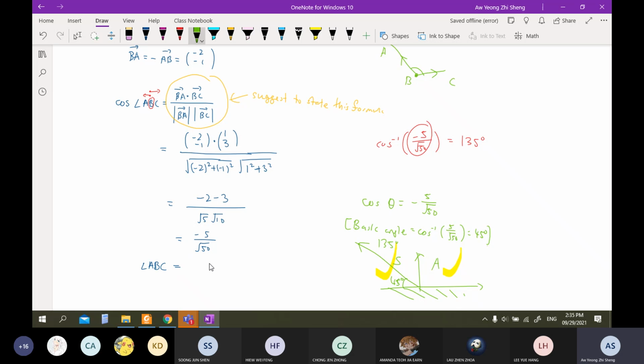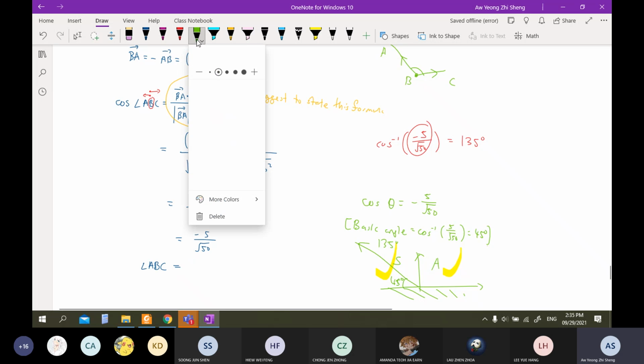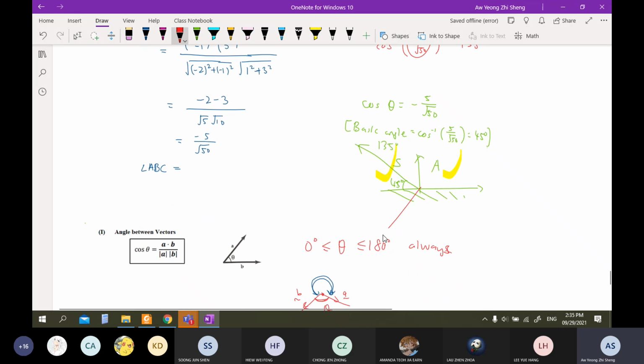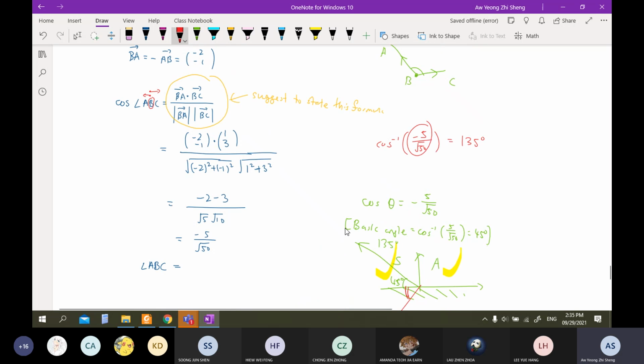So this is a bit different from what we usually do in the trigo chapter. In the trigo chapter, I always tell you guys to make sure that your basic angle is acute, because you might need to find a solution in possibly the third or fourth quadrant. You will need your basic angle as acute to facilitate that process. But over here, we don't care about solutions in the third or fourth quadrant, so you can just press cos inverse straight away.